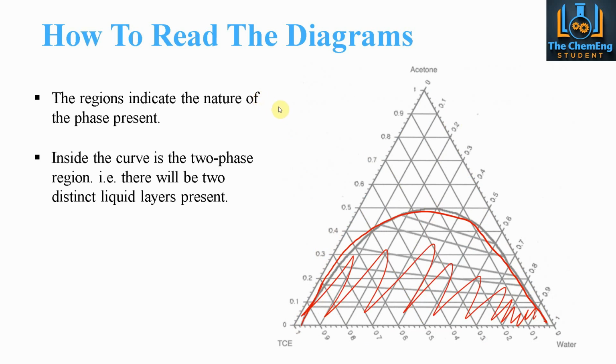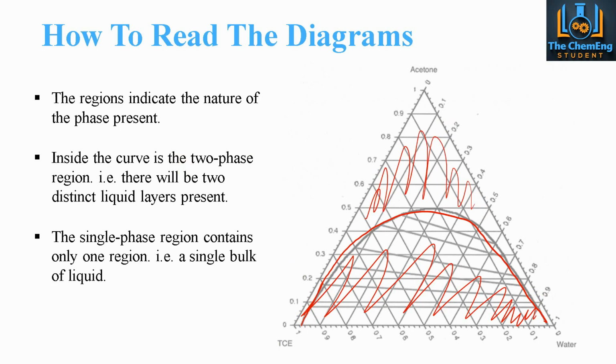So kind of like oil and water, how they would be immiscible with each other. Because TCE, so the trichloroethane, and water are completely immiscible with each other. So they will always form a bilayer, so a 2-phase region. Whereas here, in the outer region, we have a single phase region, i.e. we would have one single layer of liquid.